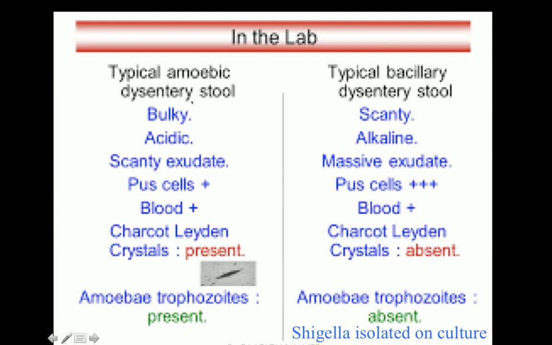In amoebic dysentery, amoebic trophozoites are the diagnostic features for labeling a patient as having amoebic dysentery, whereas with bacillary dysentery there are no trophozoites, but when you culture the stool on the relevant selective media, you are able to isolate Shigella. Shigella can easily be isolated in the laboratory, and hence we label that dysentery as bacillary dysentery.